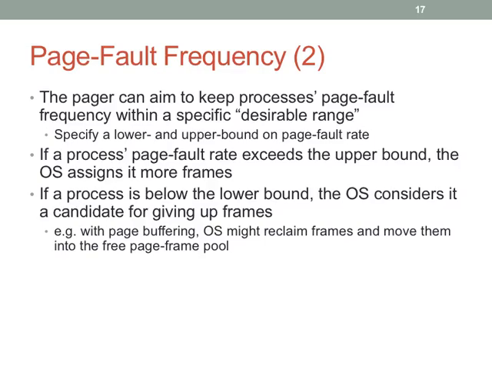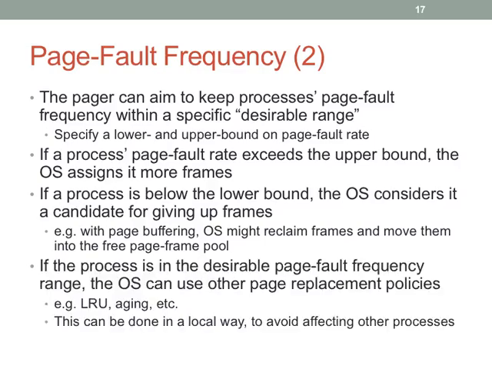Maybe we should take some frames away from the ones that have too few faults, so that everybody suffers about the same. And then obviously, if you're within the page fault frequency range, then the OS has various options for how to handle page replacement.